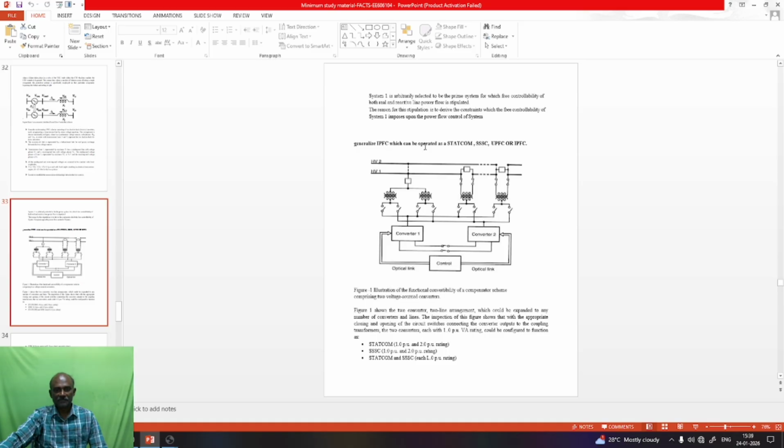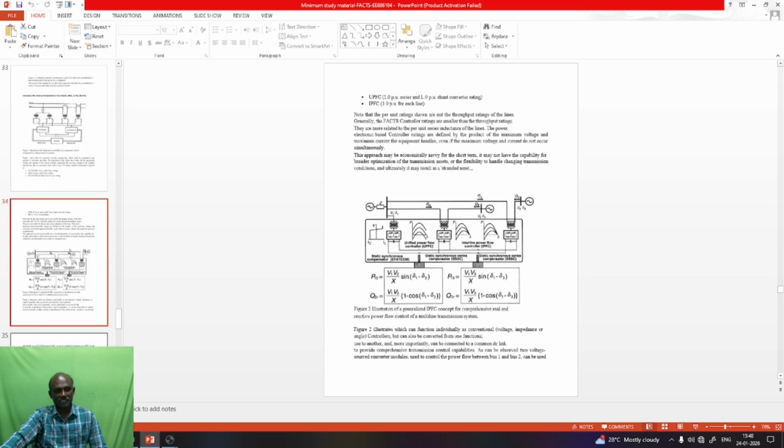The generalized IPFC can be operated as a STATCOM, SSC, UPFC or IPFC. Having so many converters, we can operate the system in series, in shunt, and also compensate the reactive power over the system.